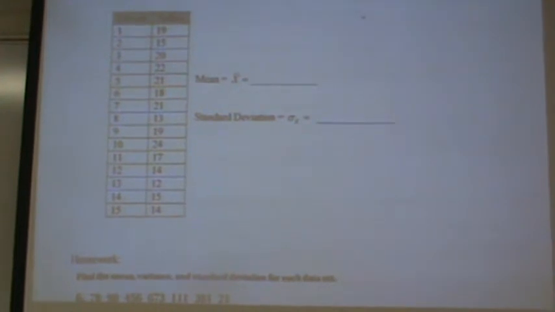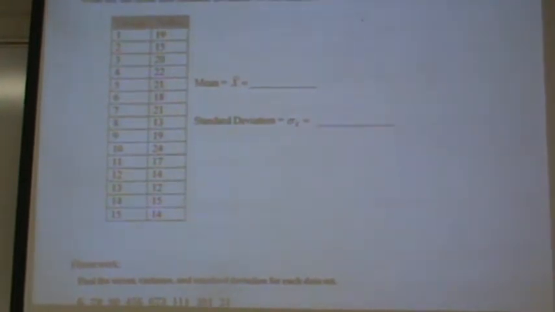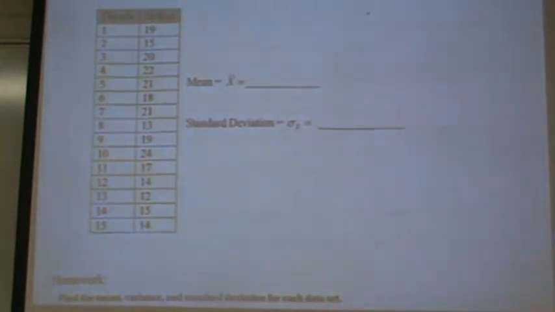So example 2 is doing one on the calculator. So I want everybody to try doing this one on your calculator. Input the values and come up with the mean and the standard deviation.